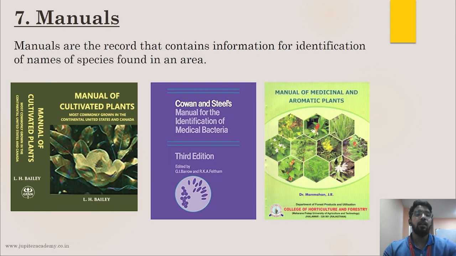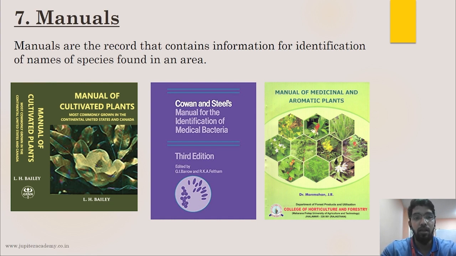Next one is manuals. Manuals is nothing but the information for identification of names of species. Meaning that you see a particular plant you want, so for that plant, what kind of information: how to grow the plant, does the plant give us any useful items or not, what kind of molecules are present in the plant, what kind of molecules can be derived from the plant.